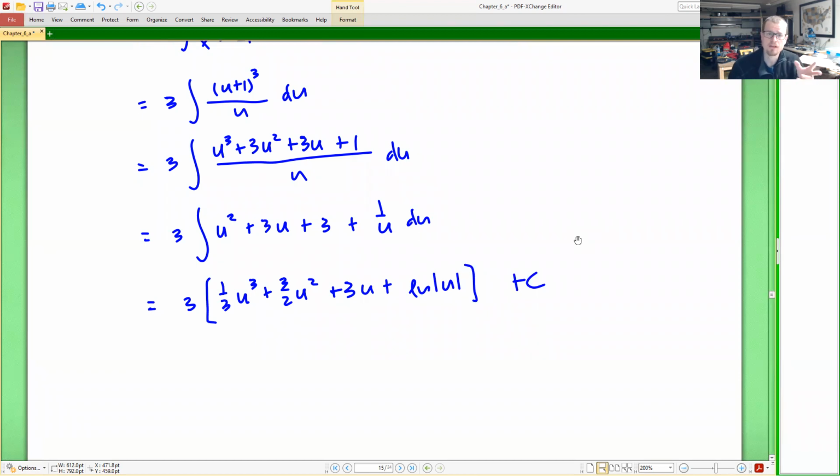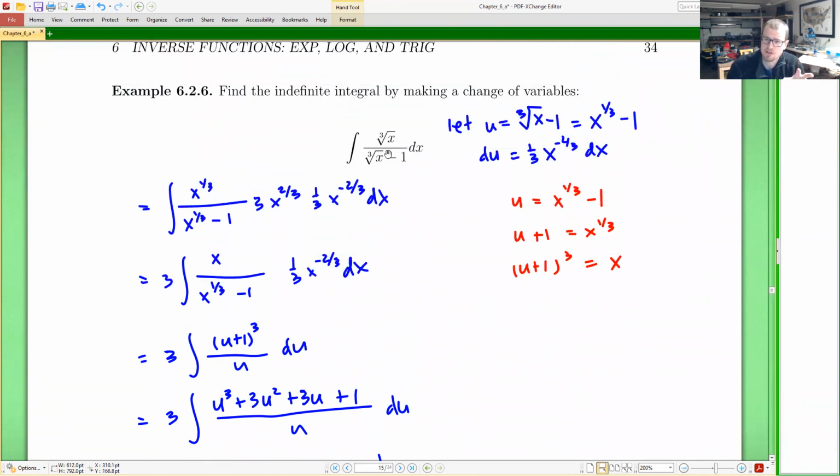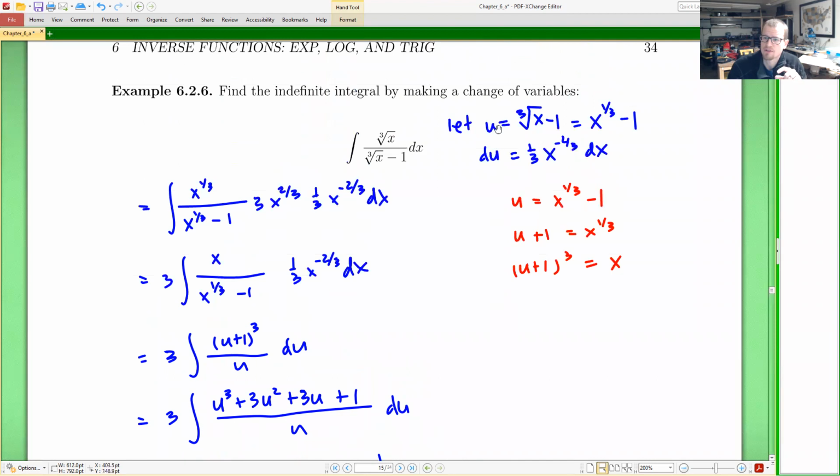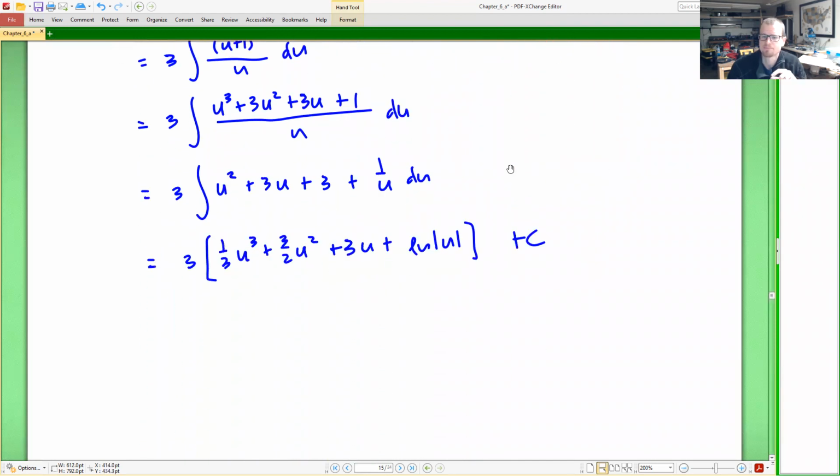Now, of course, I'm not done because our original integral was in terms of x. And so I need to substitute back so that way I've got it in terms of x again. And u itself, remember, was the cube root of x minus 1.